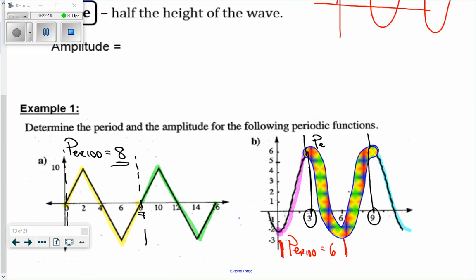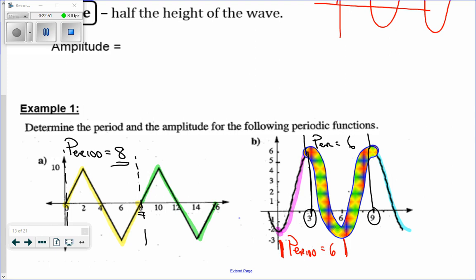So what's the period? 6. So it doesn't matter what part of the pattern you isolate. You just have to make sure you isolate the entire pattern. So I saw the pattern as bottom to bottom, 0 to 6. Somebody might see the pattern as peak to peak. That would go from 3 to 9. The period is still 6, regardless of what part you're looking at. Okay, so that's period.